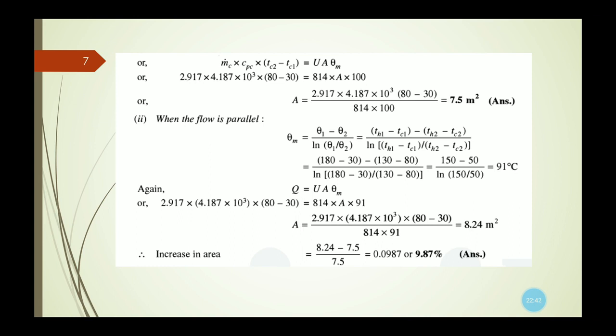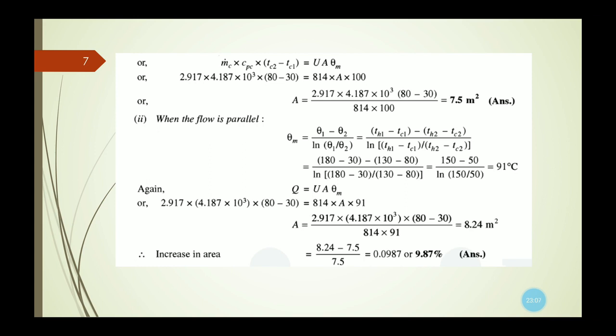Now, with Q equals UA theta m, putting in all the values given in this numerical and those we calculated in the earlier step, we get the area for the parallel flow concept. It is coming somewhat higher, that is 8.24 meters square. In case of counterflow, the surface area was 7.5.